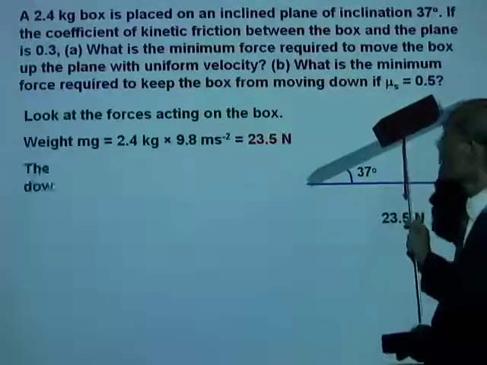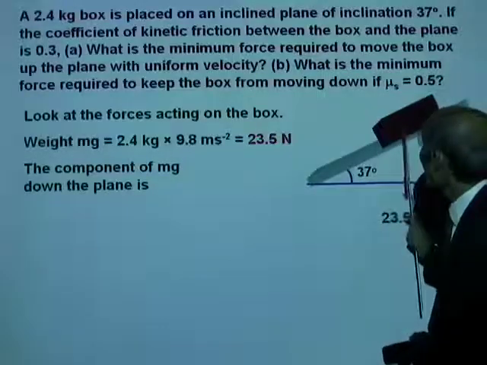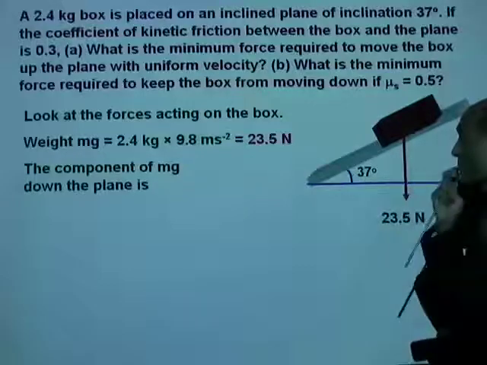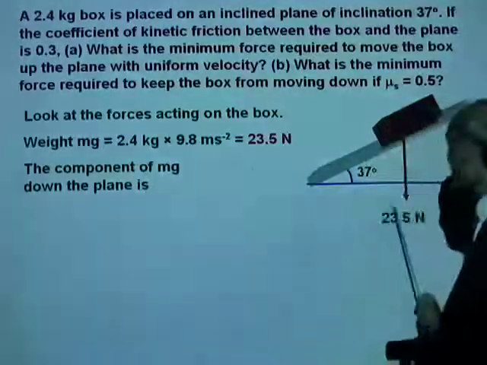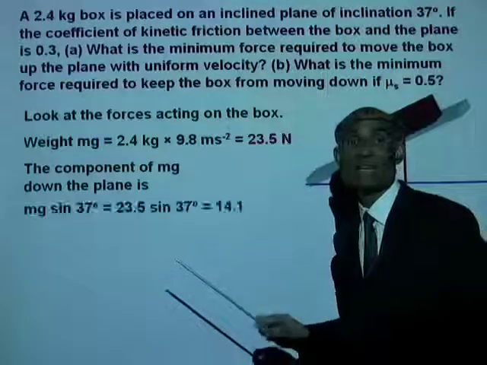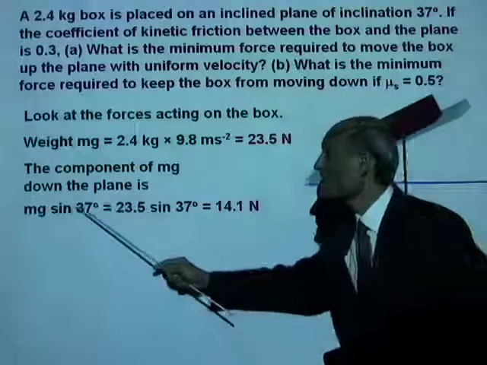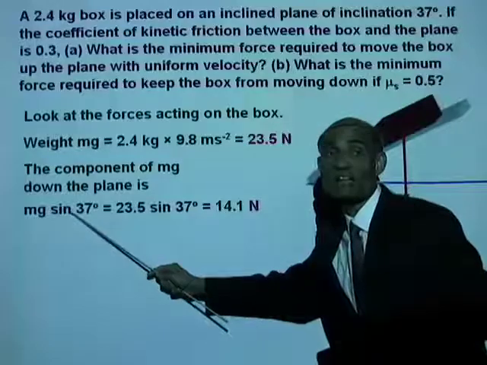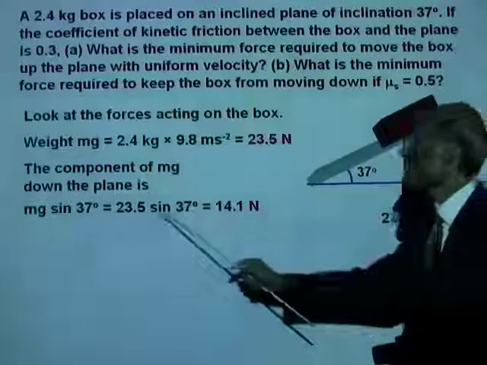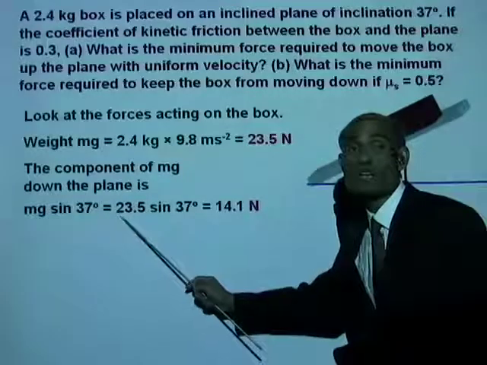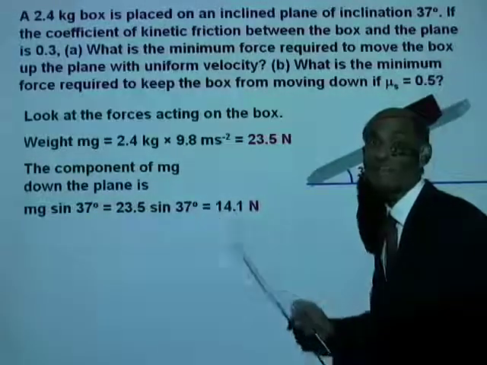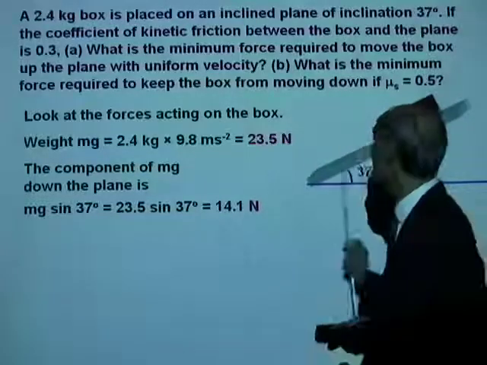Alright, can you tell me the other forces? What is the component that is pulling the box down the plane? The component of this force pulling the box down the plane is mg sine theta, mg sine 37. mg is 23.5 Newton, so that will be 23.5 sine 37, and that is 14.1 Newton.